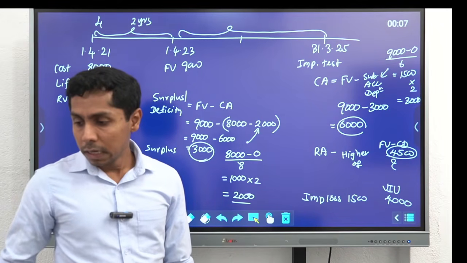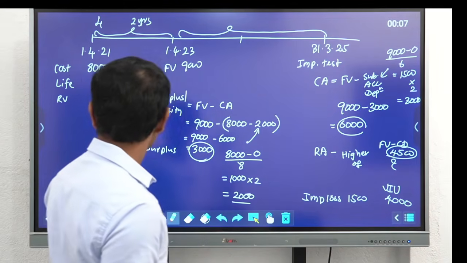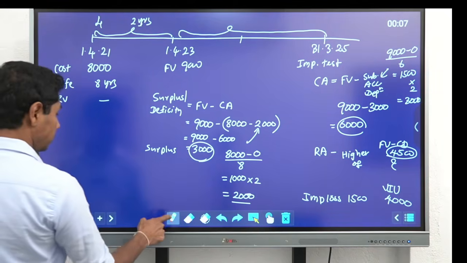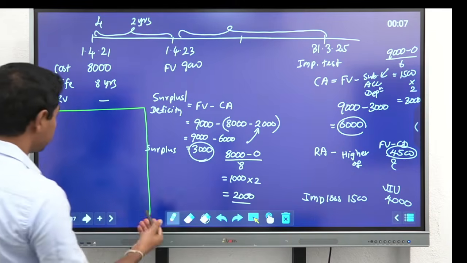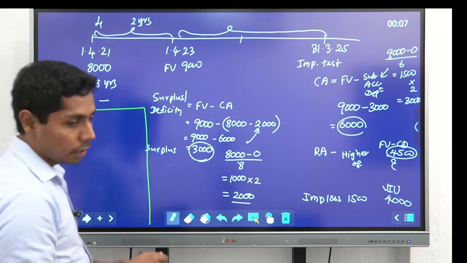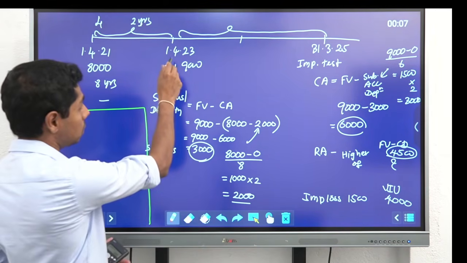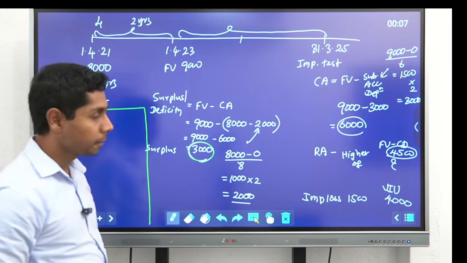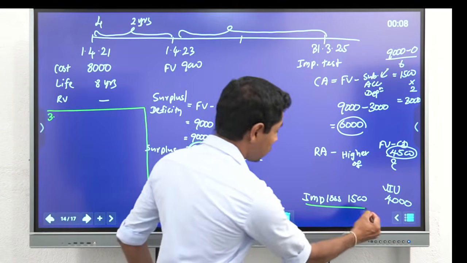And then they ask us to provide the journal entries. Take a different color, then you can see the answer on the same screen. Third one, journal entries. Now there is a previously recognized surplus which happened on 1st April 2023, 3,000. This time there is an impairment loss of 1,500.